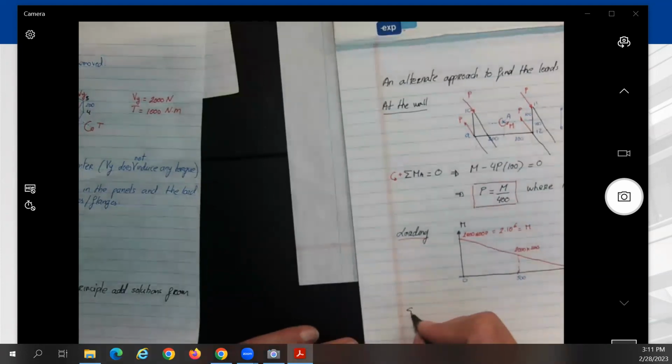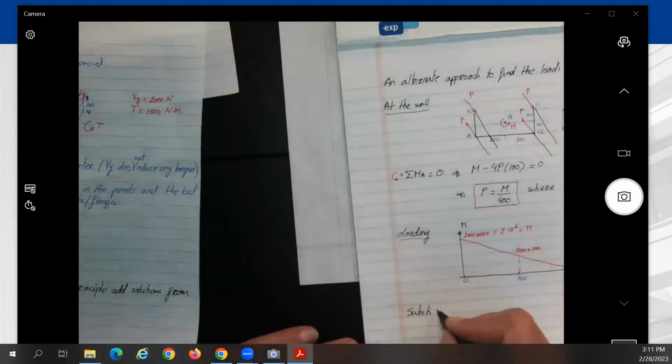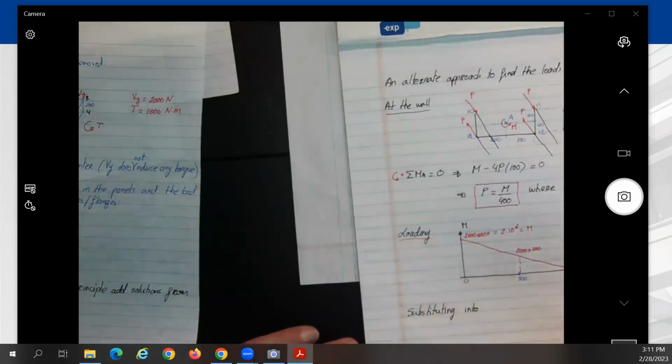Okay, so substituting. So if we did that correctly, what should be the value that we get at the P? What should be the value of P here at 0? P is 5,000, no? So it's a matter of double checking.